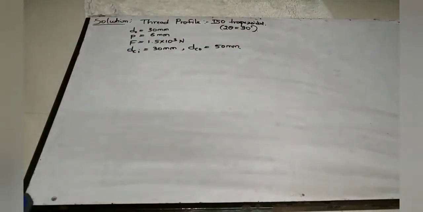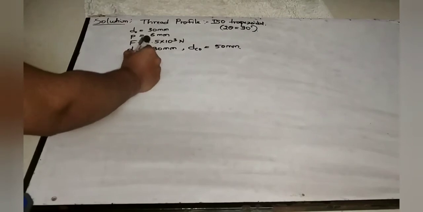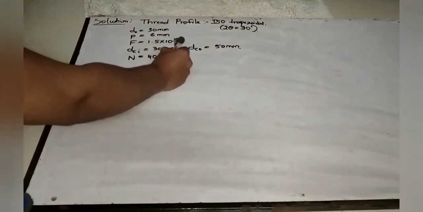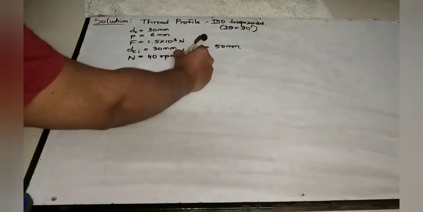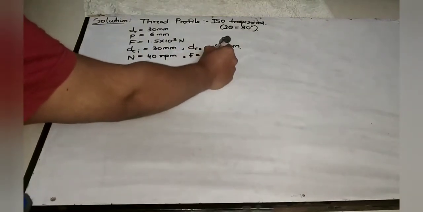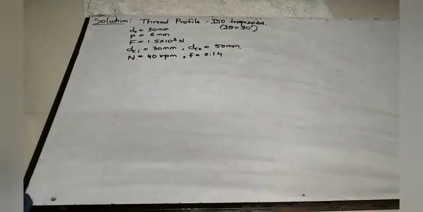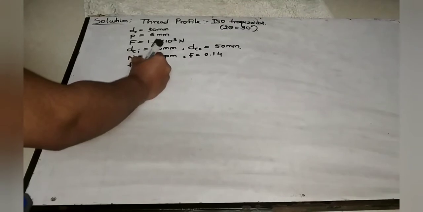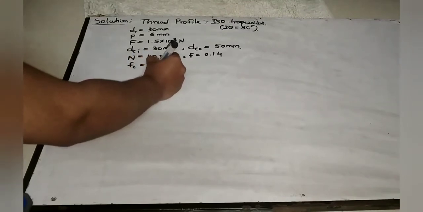The problem also states that the screw rotates at 40 rpm. And coefficient of friction between screw and nut, small f, is equal to 0.14, and collar friction, small fc, is equal to 0.09.